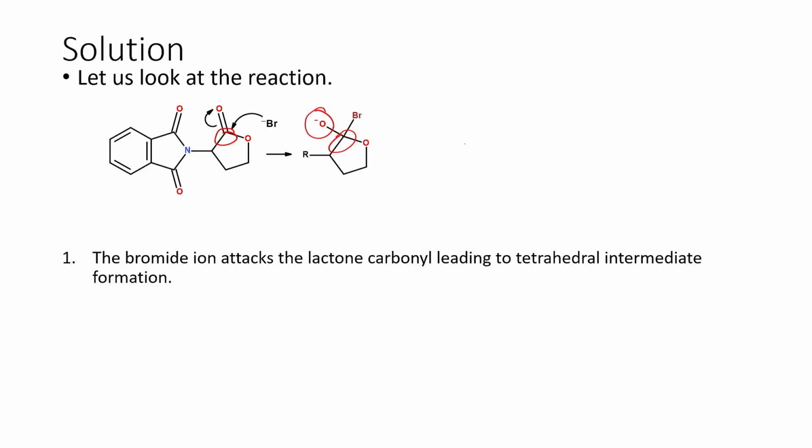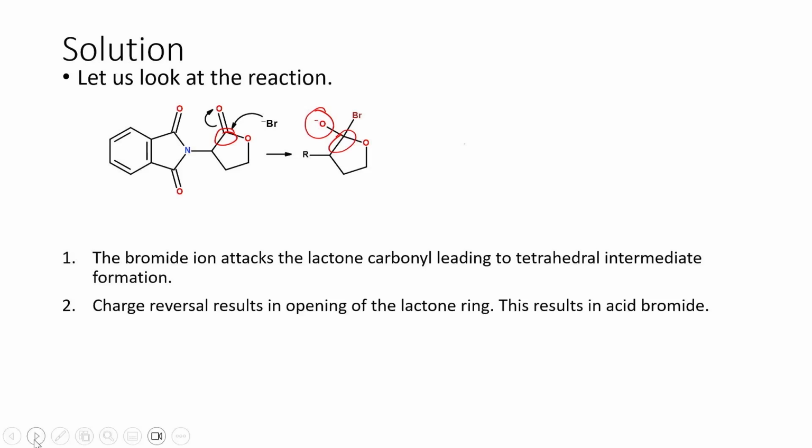Since there is a negative charge on the oxygen atom, charge reversal takes place as the second step. This opens up the lactone ring, and we end up with the acyl bromide with the oxide anion. This is how the ring opens up by the attack of the bromide anion.